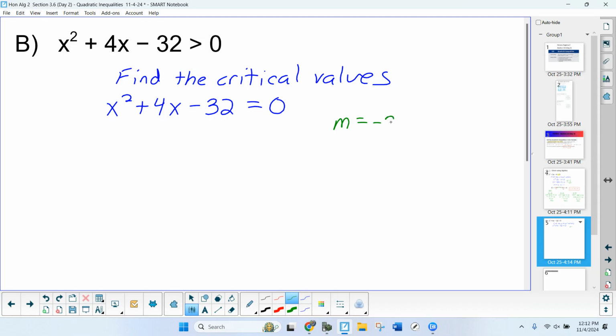What multiplies to give me negative 32 and adds to give me 4? So Jack, what multiplies to give you negative 32 that adds together to give you 4?